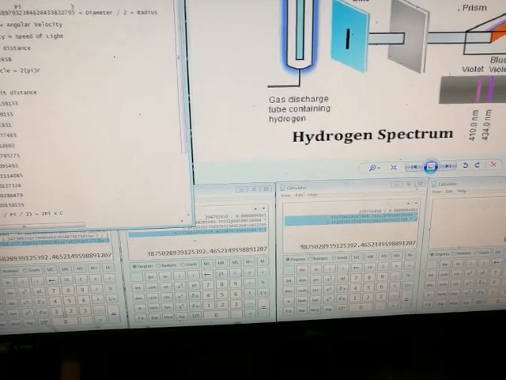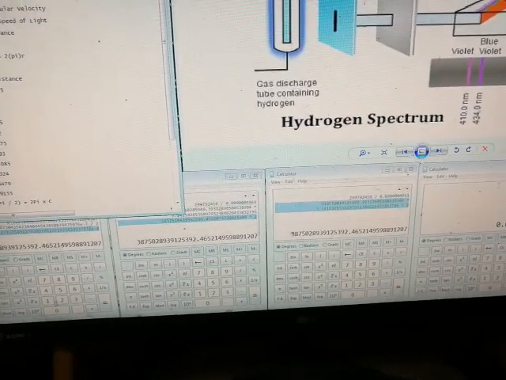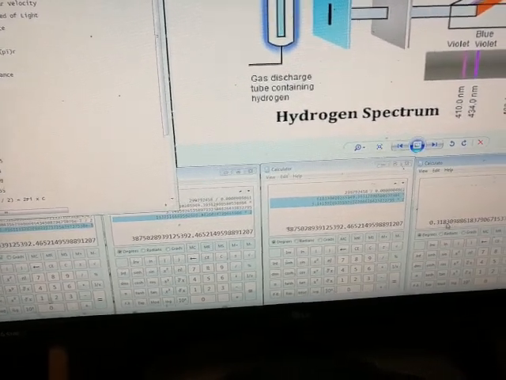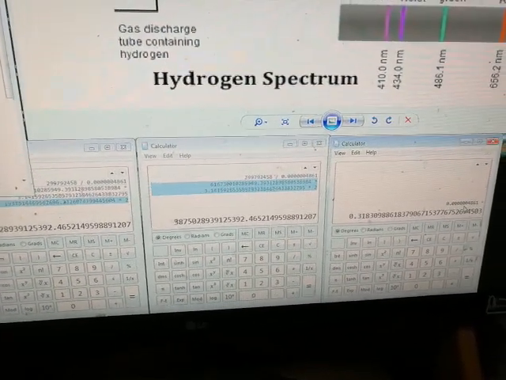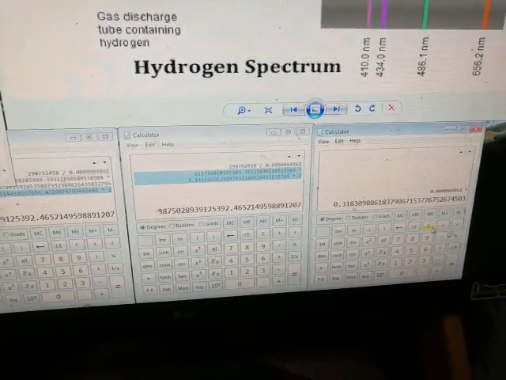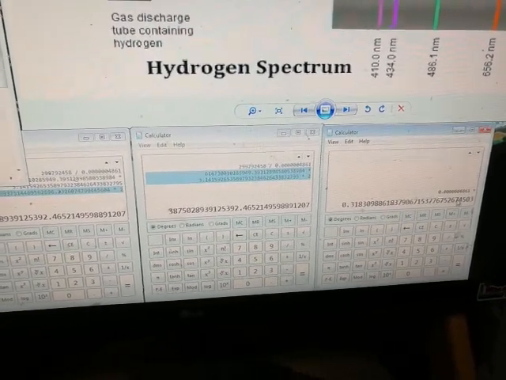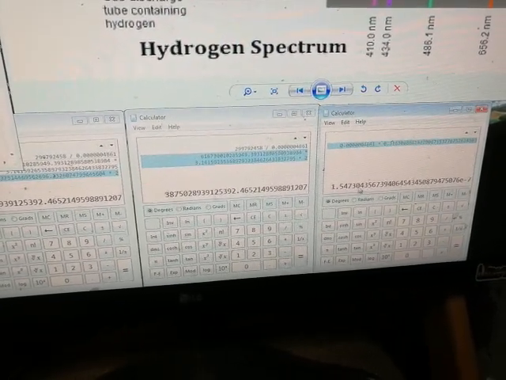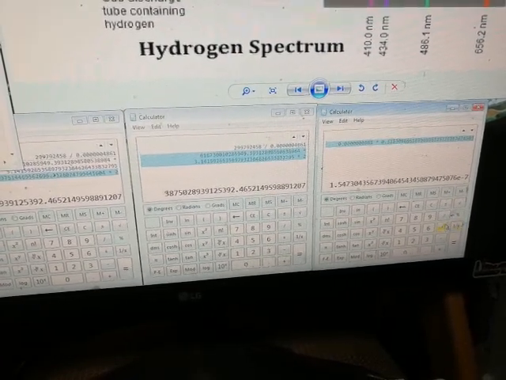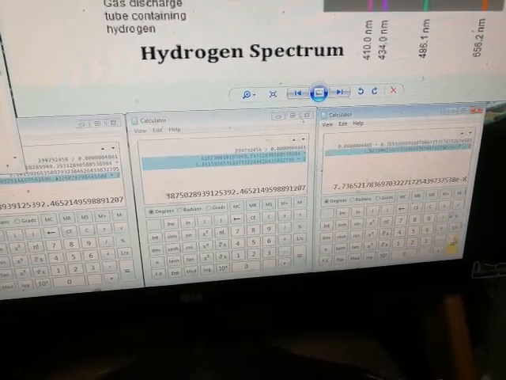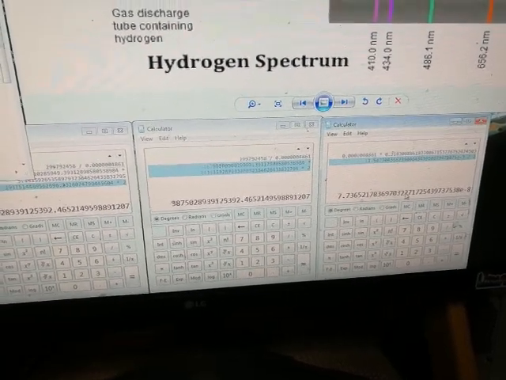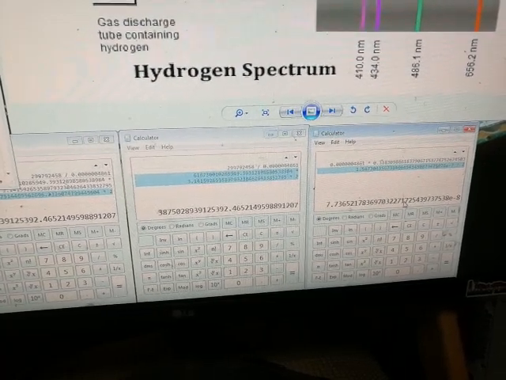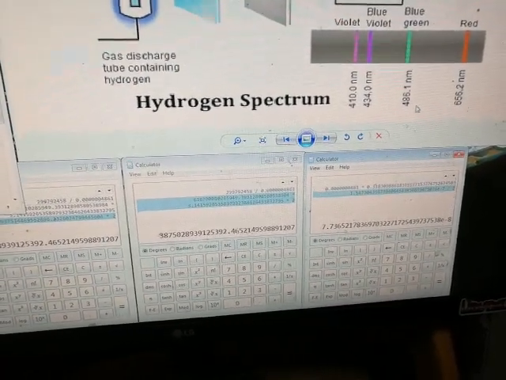So we're going to times wavelength by 1 divided by pi, which equals its diameter, so we divide that by 2, and we get this as its radius. So this radius number right here is the orbital distance of an electron at this wavelength.